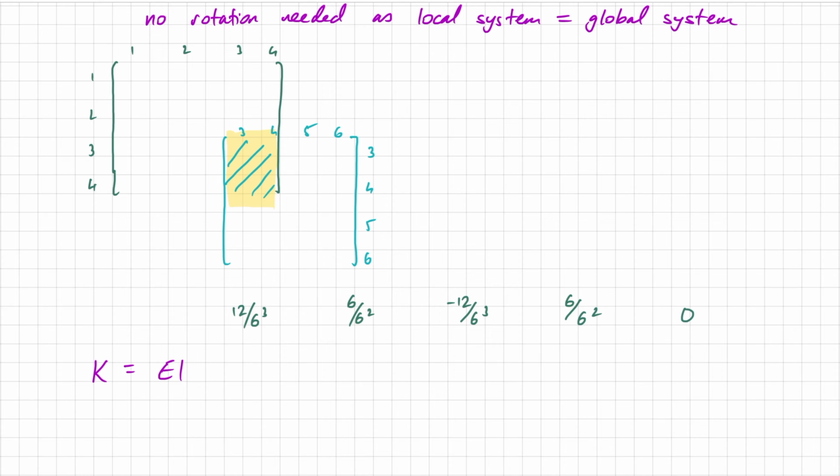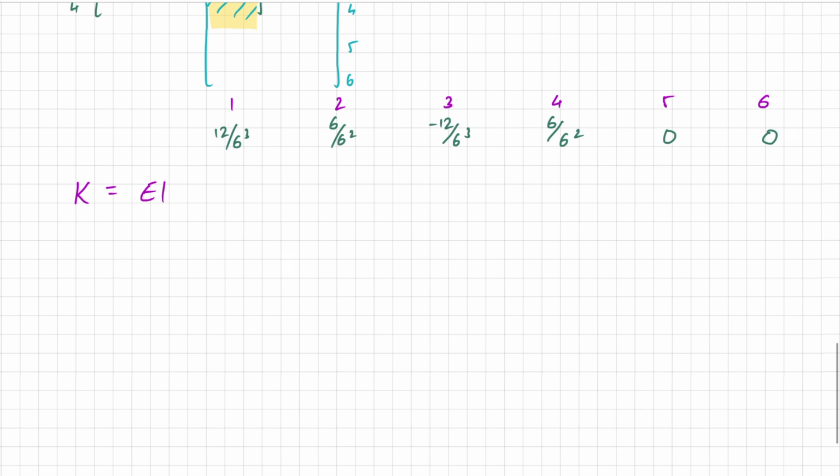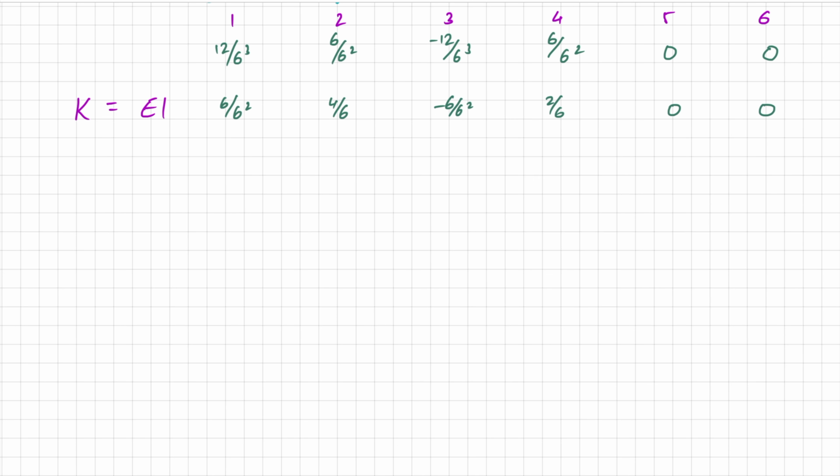And I don't have anything in these places, because remember, this global stiffness matrix has all the degrees of freedom included. So just zeros where there is nothing. And we just continue to fill it in for beam number 1. And that's it. I've added all of those members from the stiffness matrix from the first beam.